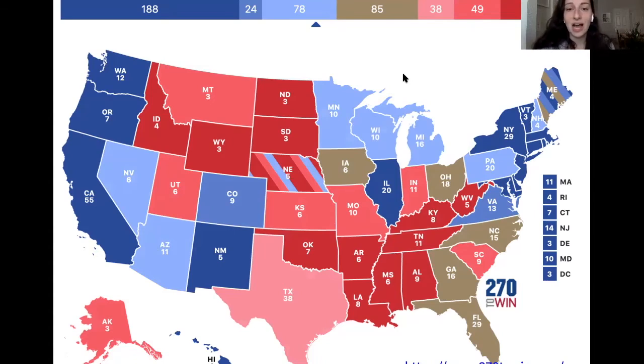We see on the map that there are different shades of blue and red. Let's start with the blue side. This pale blue in Arizona represents that they're leaning towards voting enough so that all of their electors go to Joe Biden.